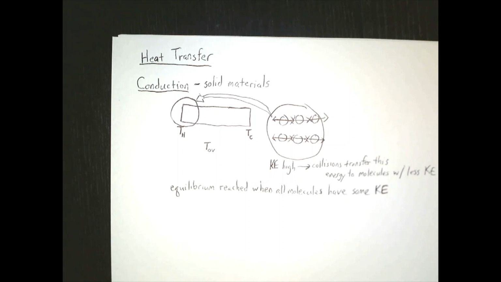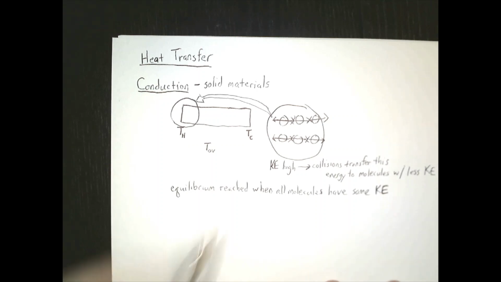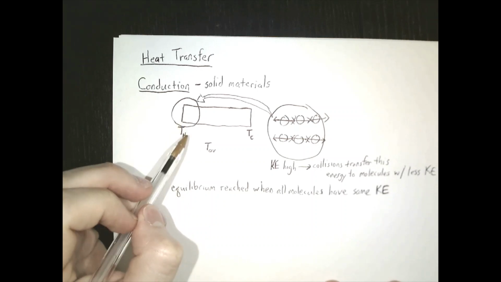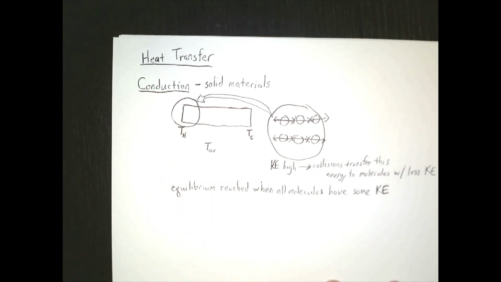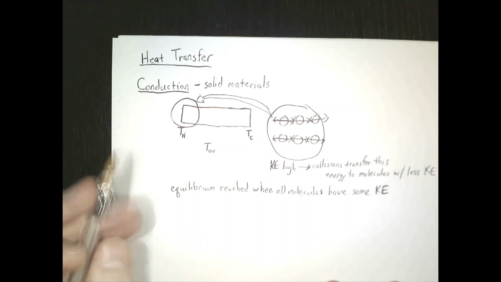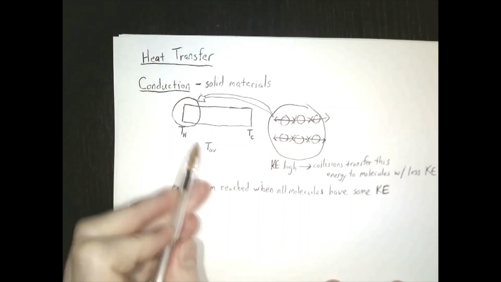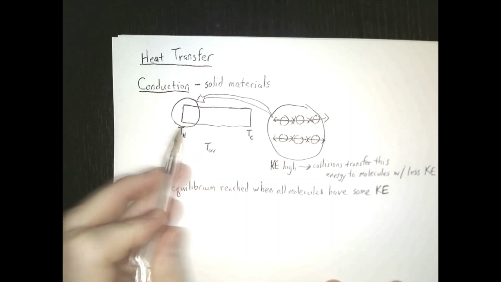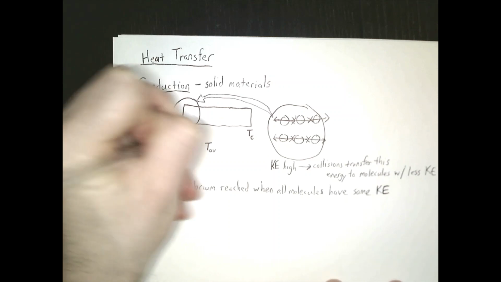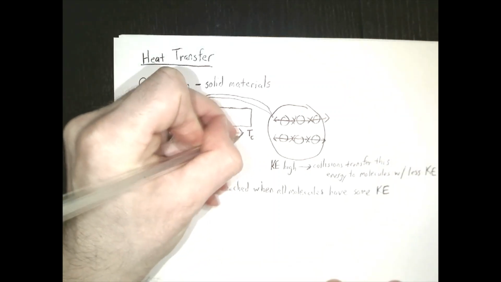They're not going to be able to transfer energy very well among each other. So that's conduction. Conduction happens directly in a solid material when high energy molecules bump into low energy molecules and they trade their energy around. It's important to note that heat always flows from hot to cold, and so the heat transfer direction is always going to go from, in this diagram at least, left to right, from hot to cold.